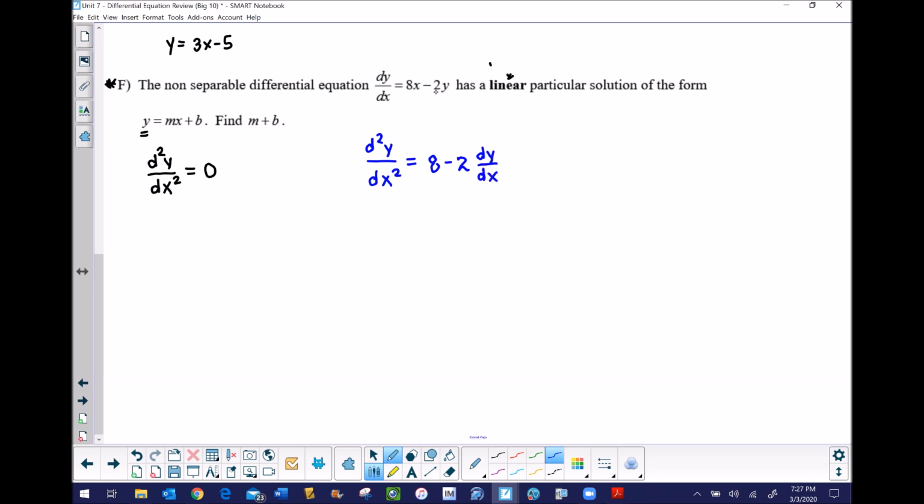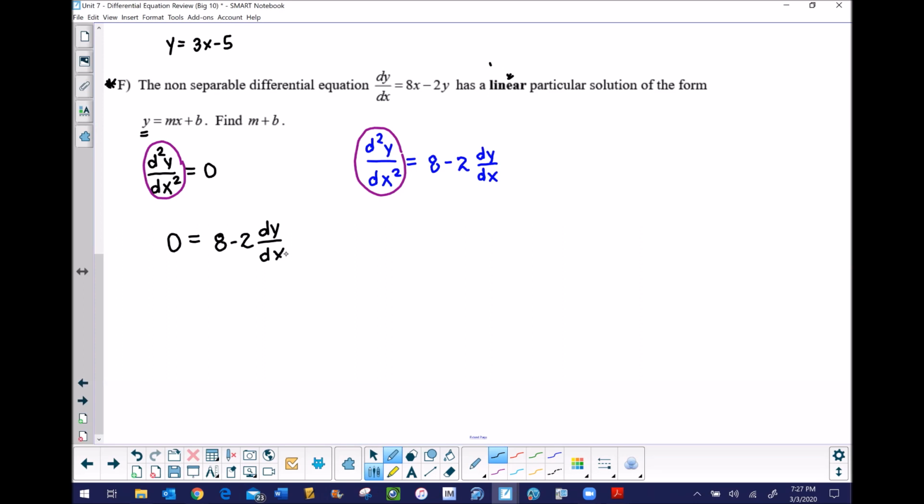Because this is a variable y, it's not an x, so we have to use that idea of implicit differentiation. Now the trick: if this second derivative is equal to 0 and this same second derivative is equal to 8 minus 2 dy/dx, what does that mean? They both equal one another. That's the trick with this, you guys.